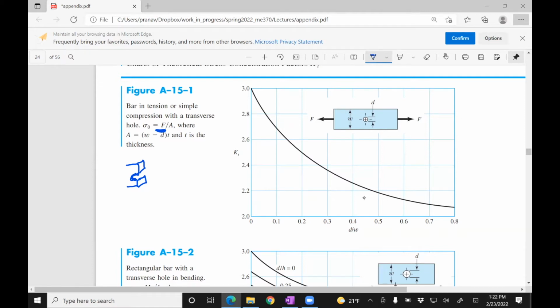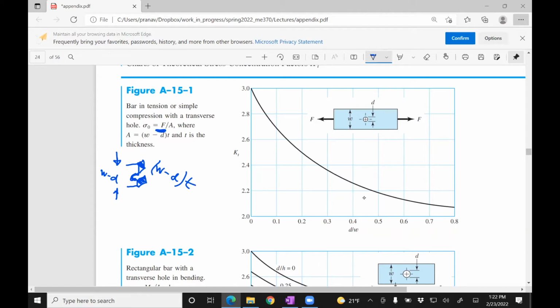And now I have to compute the area of this part. And you can see that that area is W minus D, which is the height of this minus the hole, times the thickness. And that's how you get A equals W minus D times T.